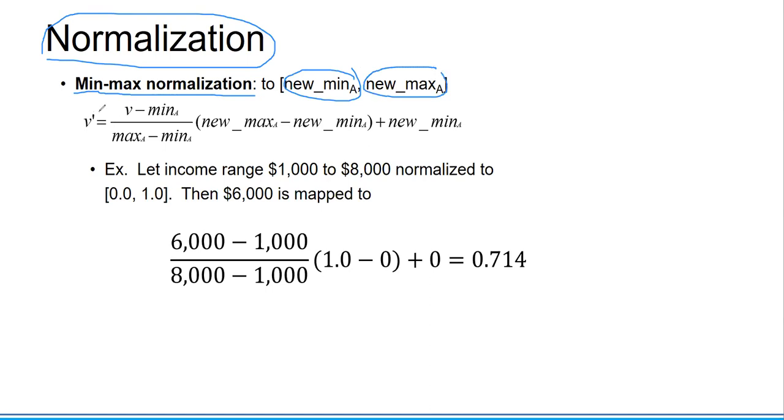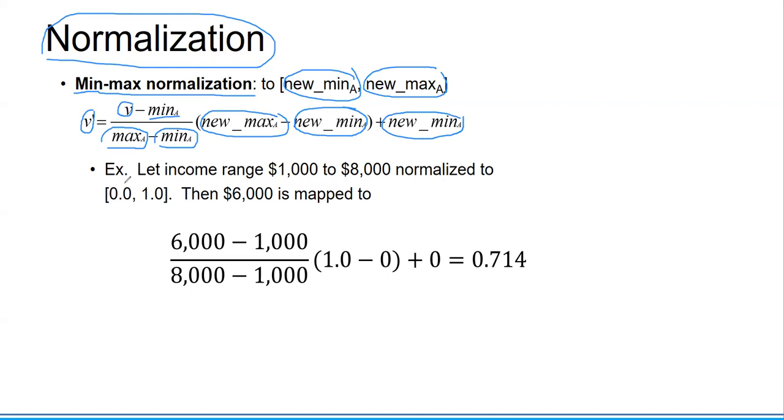For example, I have a particular value v and I want to convert it into a new value v prime. So I need to find the minimum and the maximum of that array. We subtract the minimum, divide by the maximum minus the minimum, multiply by the new maximum minus the new minimum, plus the new minimum.